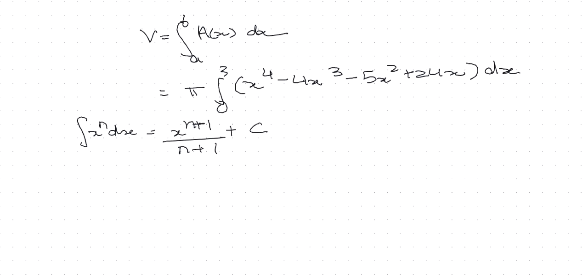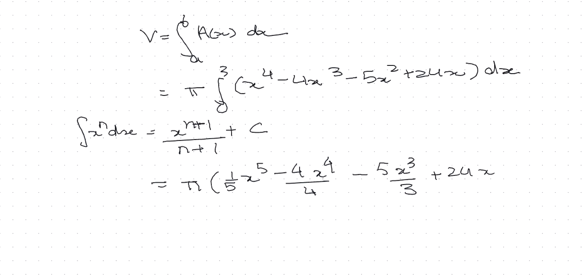This will give us x^5/5 minus x^4 minus 5x^3/3 plus 12x square.